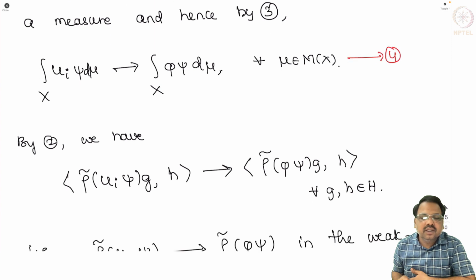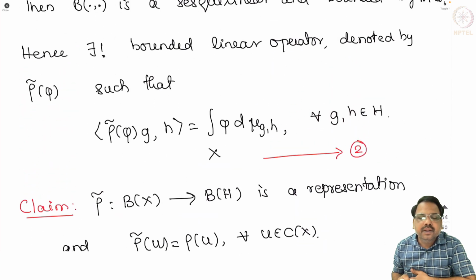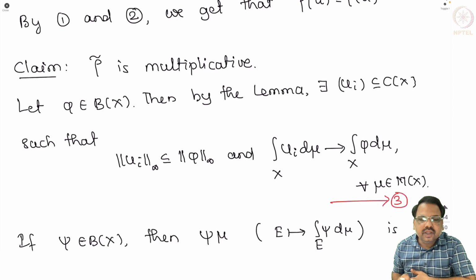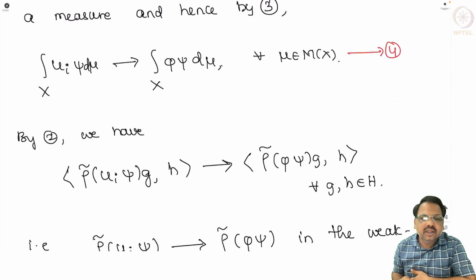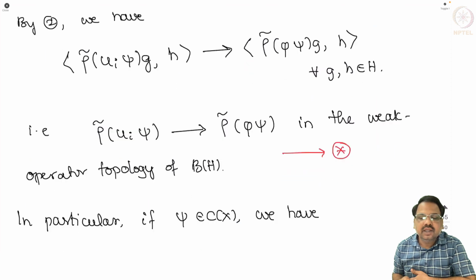Now if you take vectors g and h, and look at ρ̃(u_i ψ) acting on g with inner product h, that converges to ρ̃(φψ) g with inner product h for every g and h. That is because of equation 2. That means we can conclude that ρ̃(u_i ψ) converges to ρ̃(φψ) in the weak operator topology of B(H). Let us call this star.